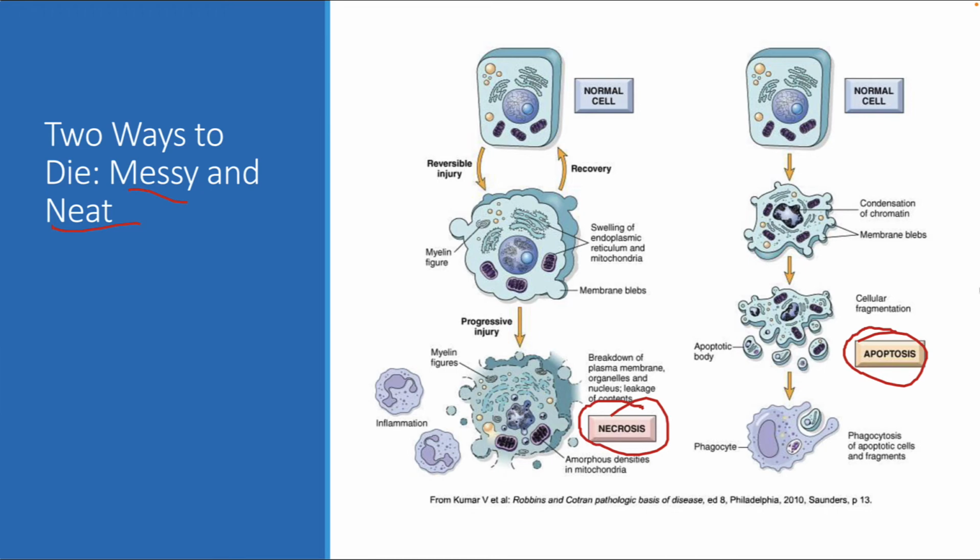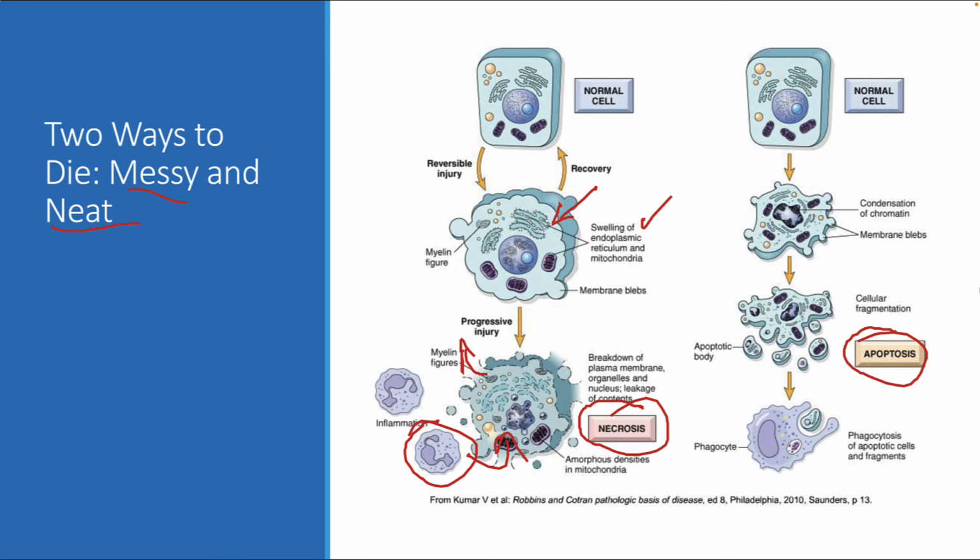That causes swelling of the endoplasmic reticulum and the mitochondria, and cellular swelling because of failure of the sodium-potassium pump. Water rushes in, the cell expands, it explodes outward. The inflammatory process kicks in to pick up all the pieces, and that's the necrotic version of cell death.